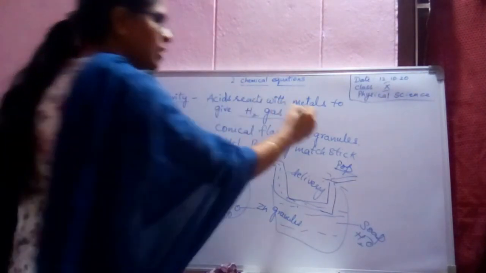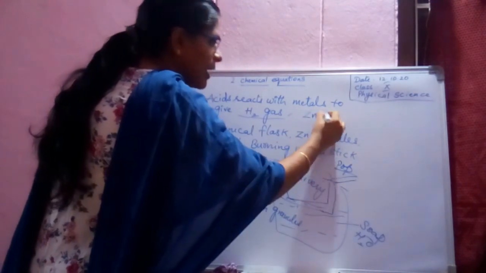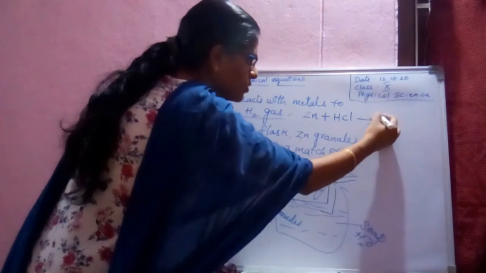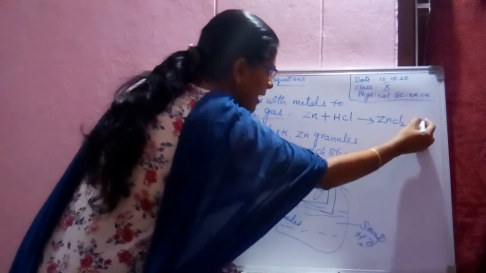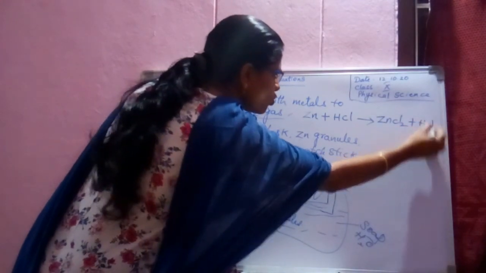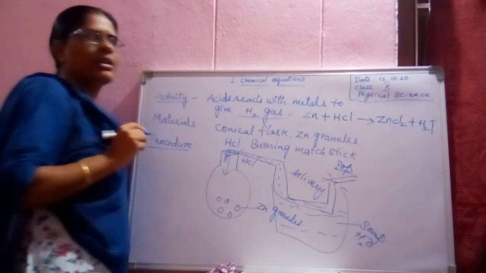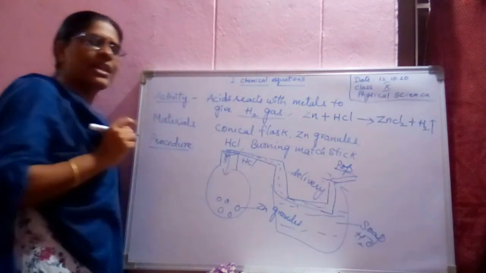Here the reaction is Zn plus HCl gives ZnCl2 plus H2. See here, I have kept an arrow beside H2.